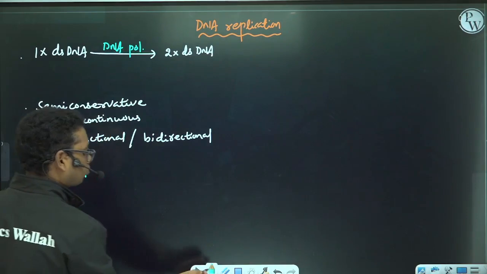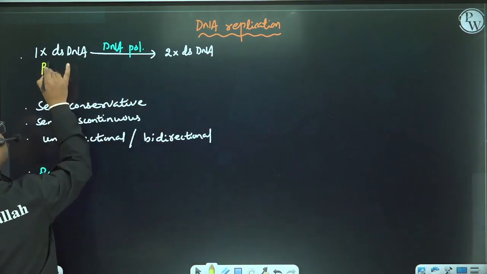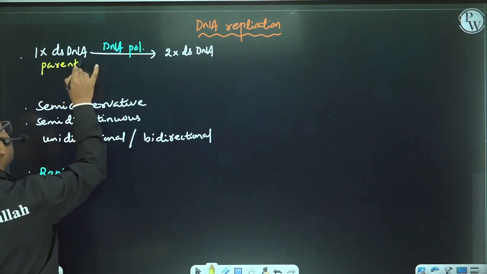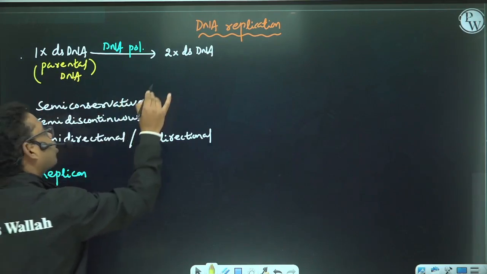And the DNA which undergoes replication is called parental DNA. And the DNA which is produced is called daughter DNA.